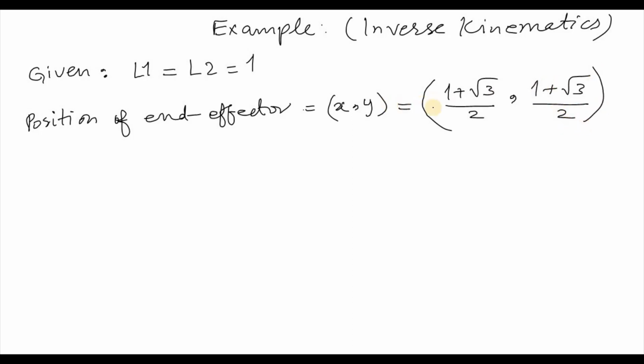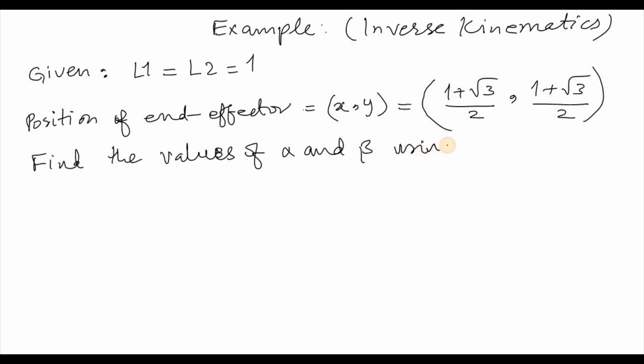So this is the xy coordinates of your end effector, and what you need to do is find the values of alpha and beta using inverse kinematics.